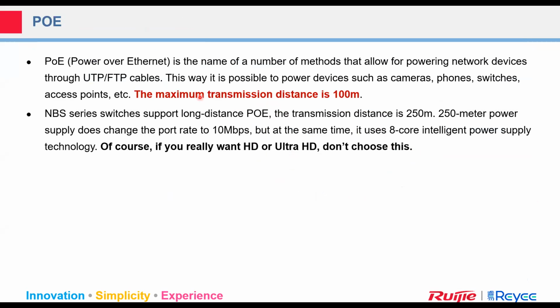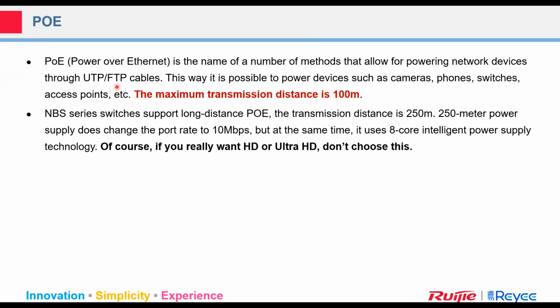PoE is the name of how we allow power to go through the UTP to power up a device. This is a way for us to power up devices using UTP, for example a PoE camera, PoE phone, PoE switch, and access point.